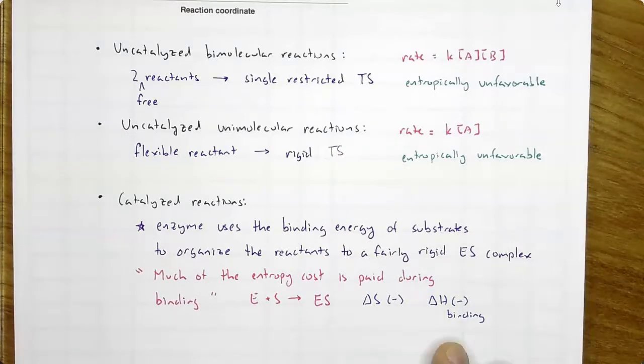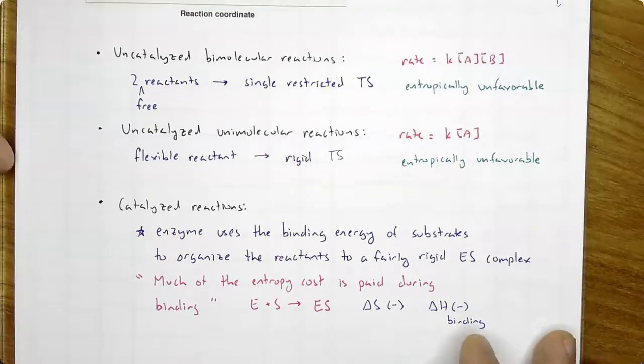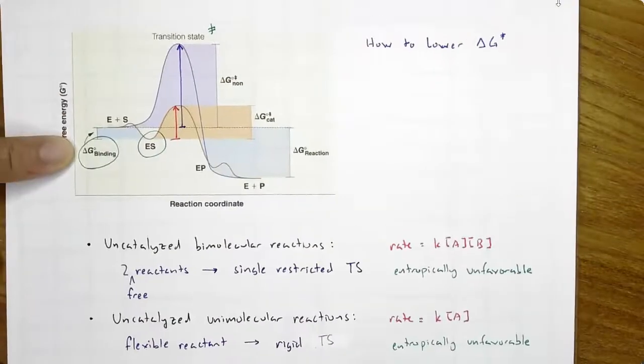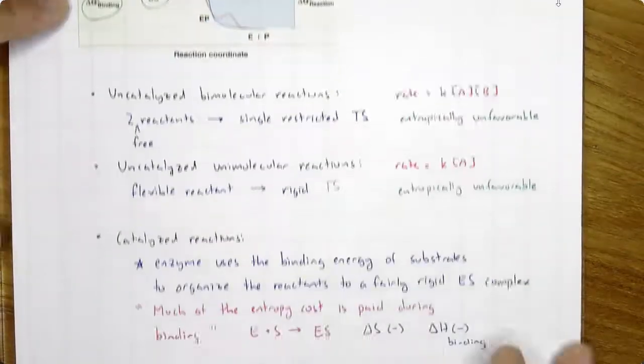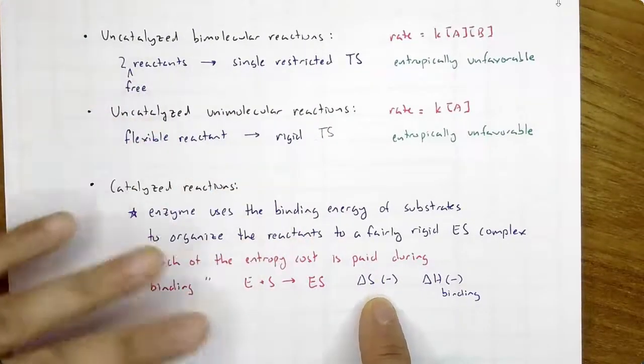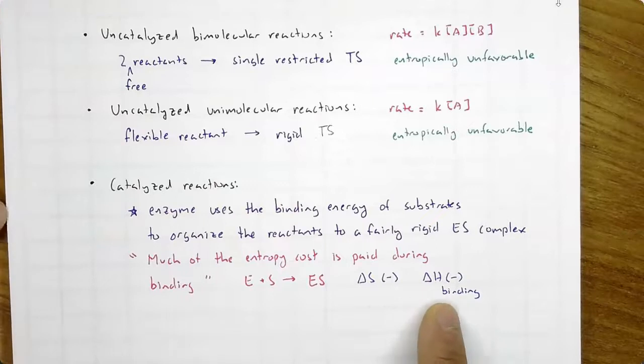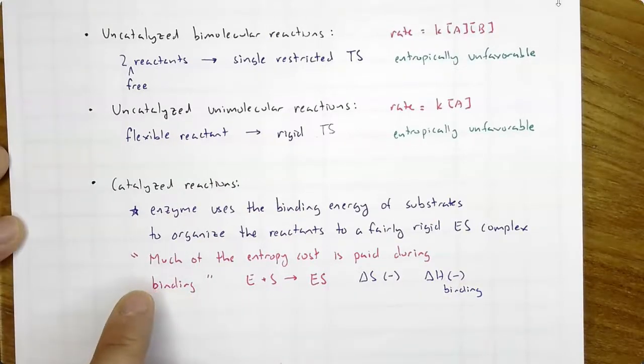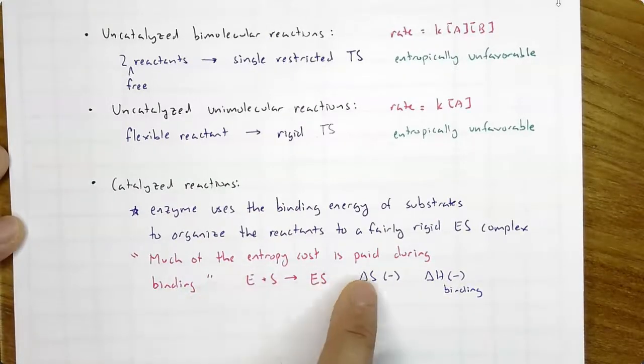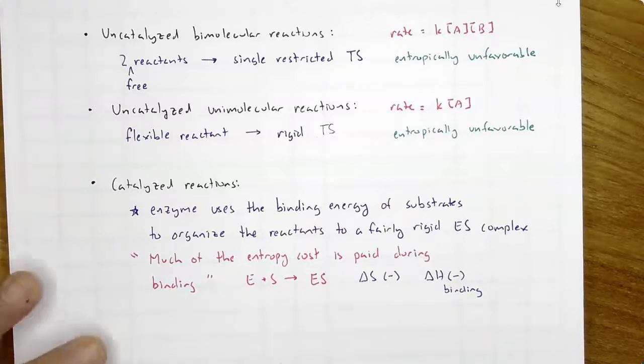And if delta H of the binding is favorable, then the delta G of the binding is favorable as well, if this delta S is not too bad. And again, we are saying that much of the entropy cost is paid during this binding.